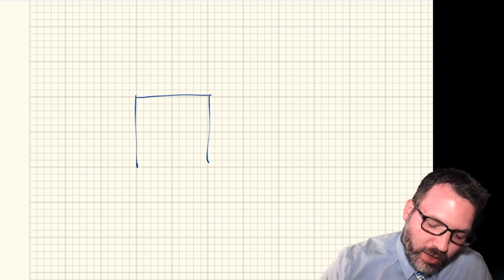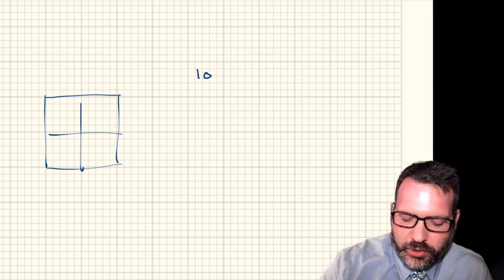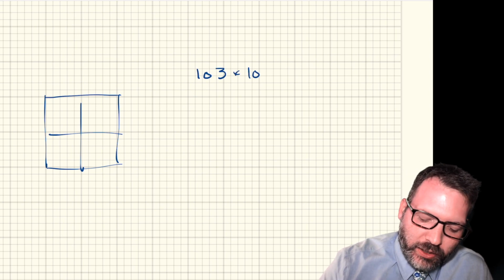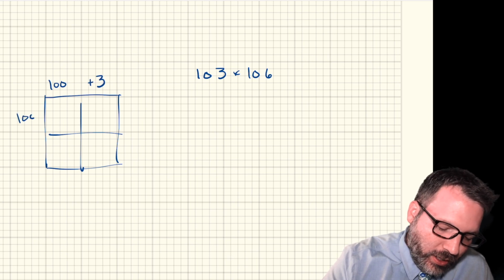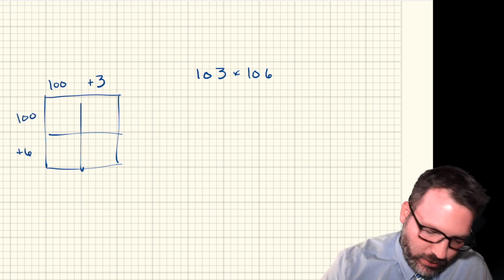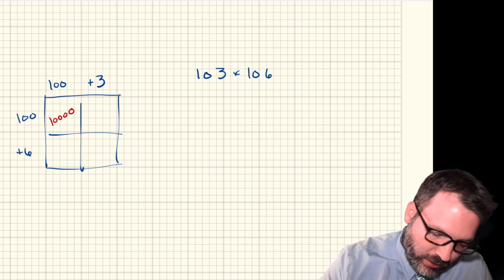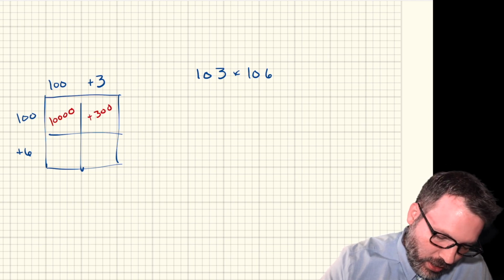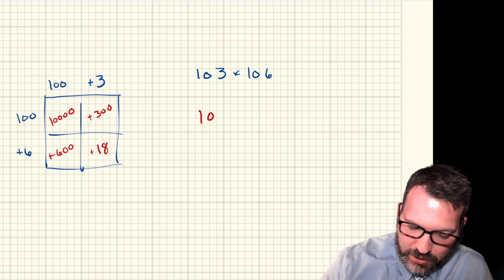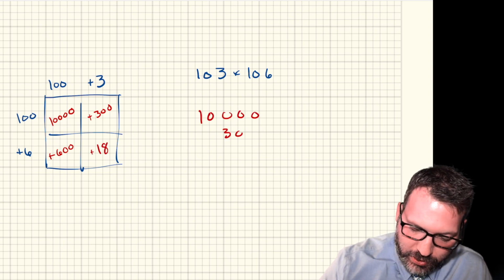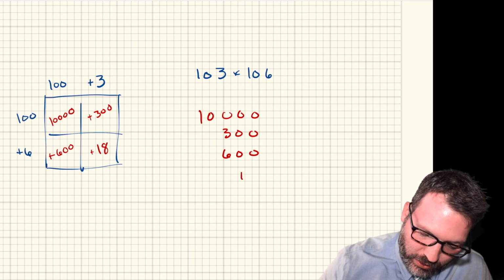We used it for one of my absolute favorite tricks. We took numbers that were just slightly above 100. So let's say something like 103 times 106. We think of literally as 100 plus 3 and 100 plus 6. And we get products like 10,000, 300, 600, and 3 times 6 is 18. And as we line those up, we can see something interesting happening.